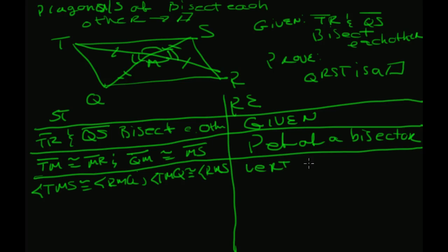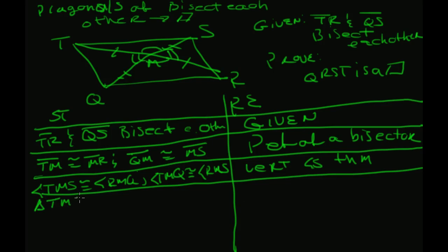That's because of the vertical angles theorem, which gives me the right to say a whole bunch about a bunch of triangles. I have triangle TMS congruent to triangle RMQ, and I have triangle TMQ being congruent to triangle RMS. Both of these are by side angle side.